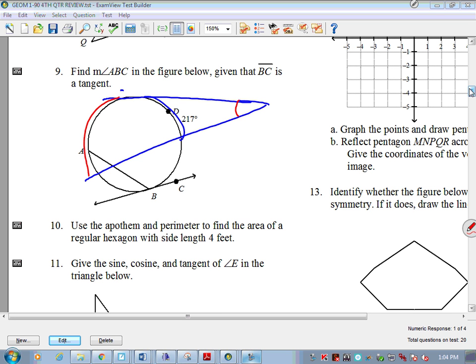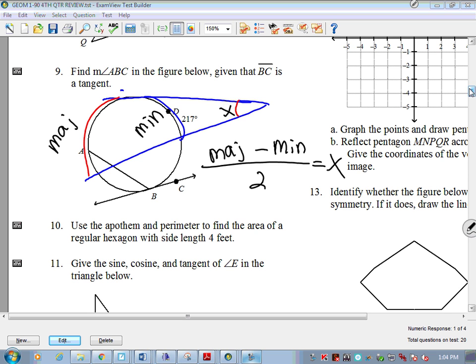We're going to call this the major arc and this the minor arc, and let's call this X. You're going to do major minus minor divided by 2, equal to X.